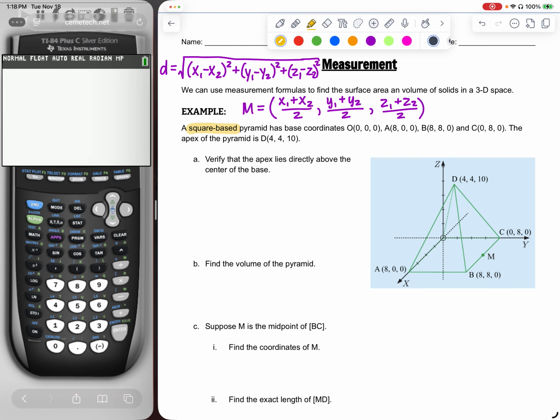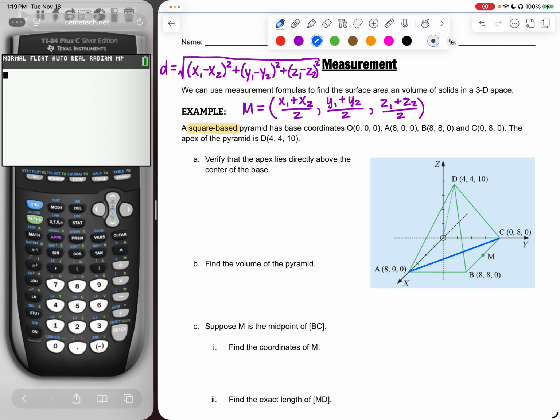Whenever I do that, I need to look at where the center of the base is. One thing that we should realize is that the center of the base should lie halfway on the diagonals.